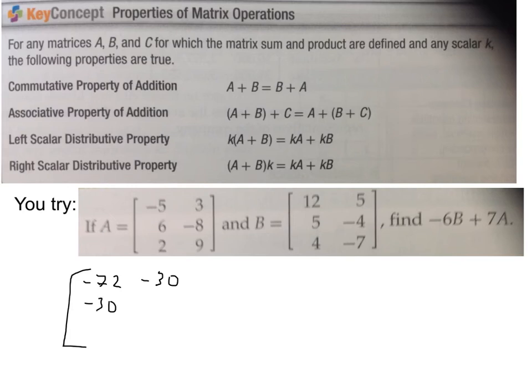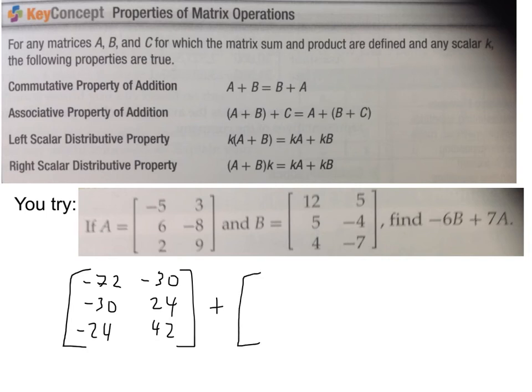Negative 4 times negative 6 is positive 24. Positive 4 times negative 6 is negative 24. Negative 7 times negative 6 is positive 42. Okay, plus 7A.